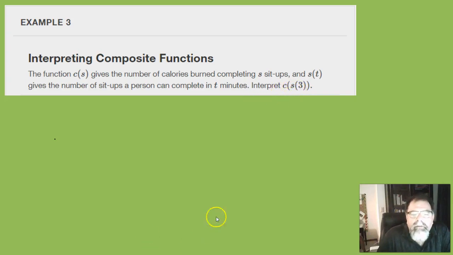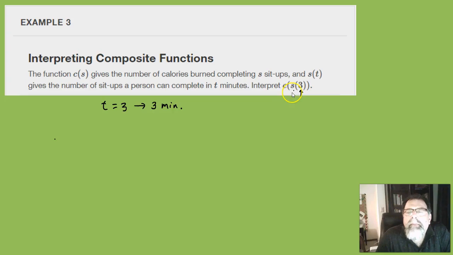Okay, so 3 is the input value for s. Remember, s of t is the number of sit-ups a person can complete in t minutes. So 3 is t, which is 3 minutes.